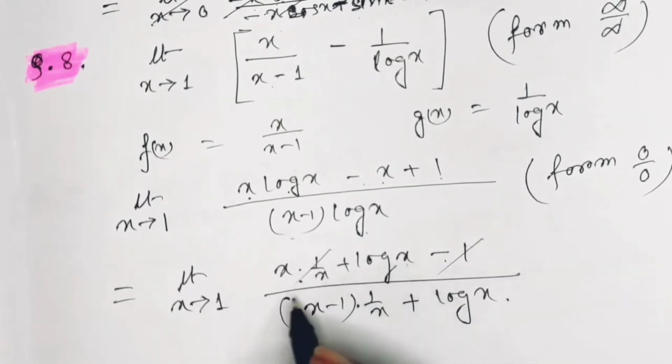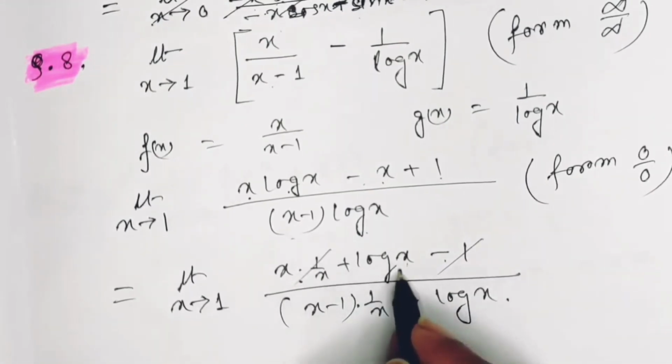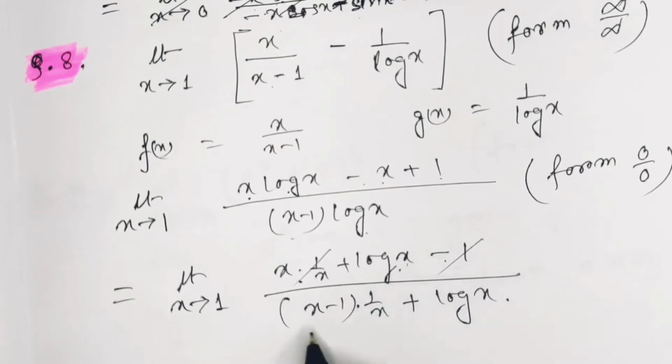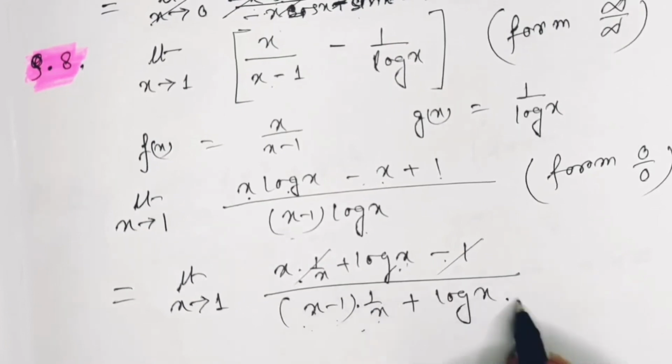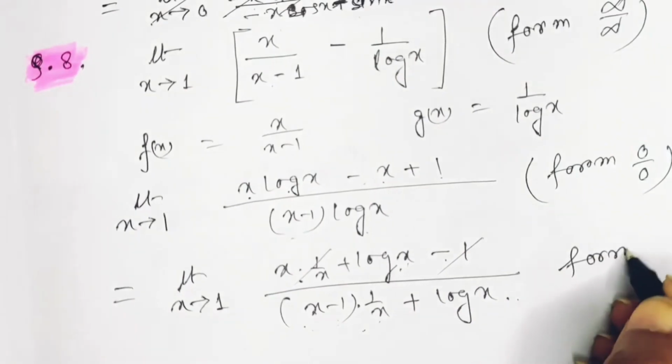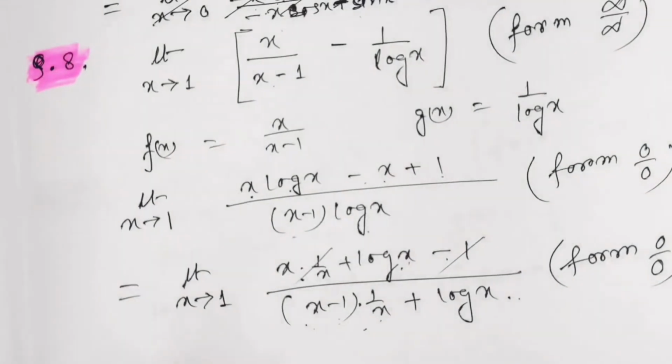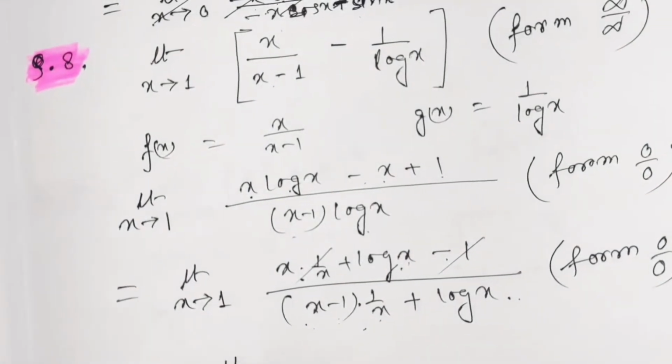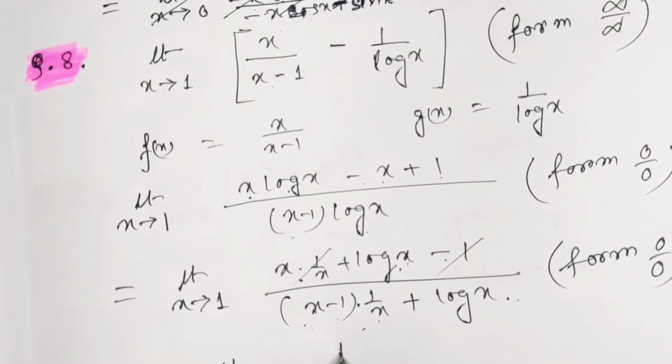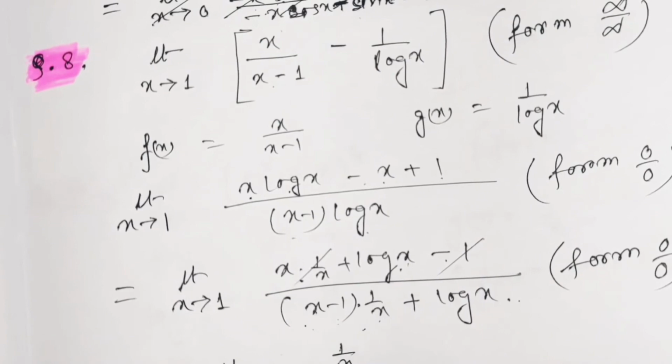Log 1 is always 0, and if we separate x by x, that means 1 minus 1 upon x, that is 0 and log 1 is 0, so it is again in the form of 0 by 0. If we simplify, here it is 1 upon x, and here it is minus 1 upon x square, plus 1 by x.